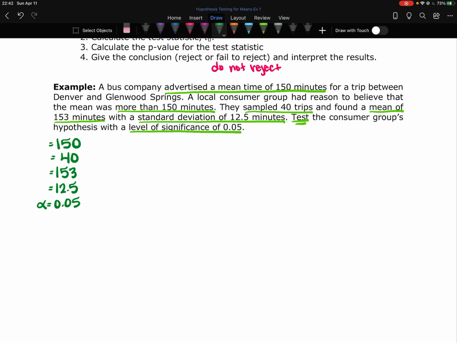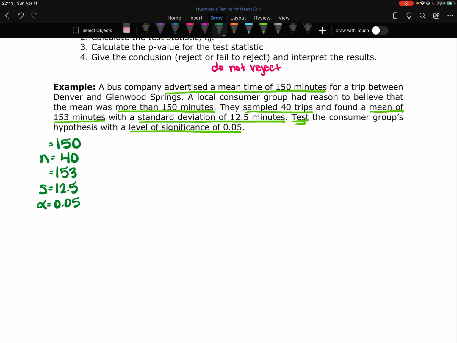The standard deviation of 12.5, that's the standard deviation for the 40 samples. The sample of 40 trips, so that's going to be the sample standard deviation. They sampled 40 trips, so that's our sample size. So then I have two means.